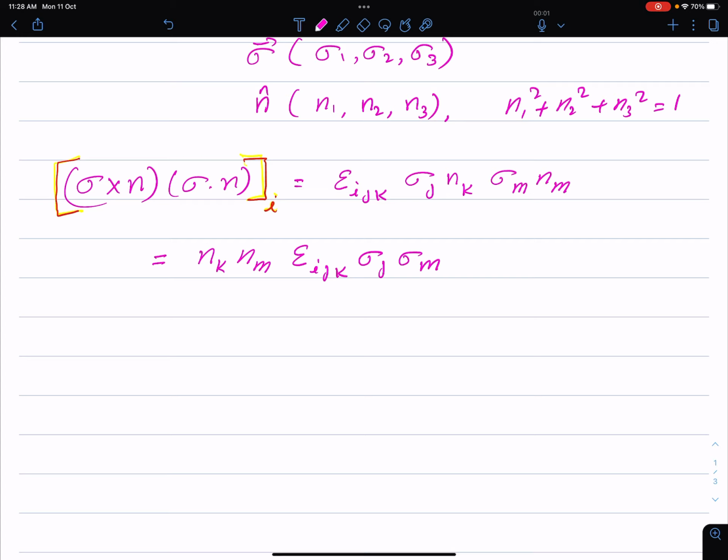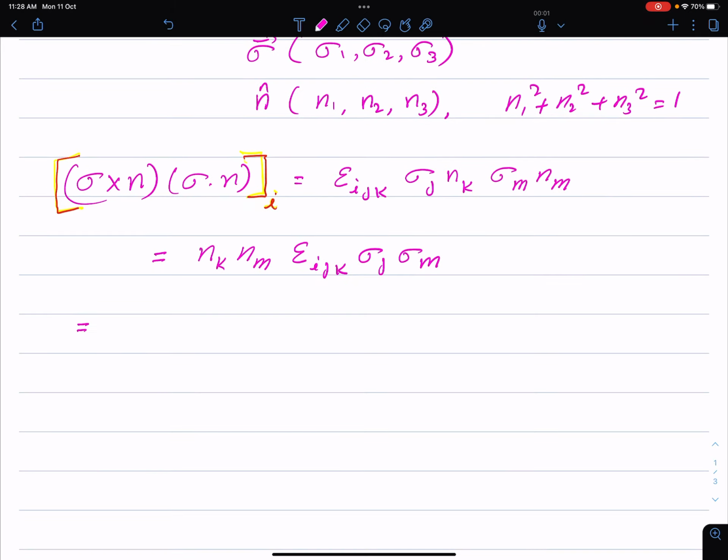So we know that sigma j sigma m is equal to identity matrix when j is equal to m, or it will give you the third Pauli matrix if j is not equal to m, into i or plus minus i, depending on the order of j and m. So we can substitute that equation there.